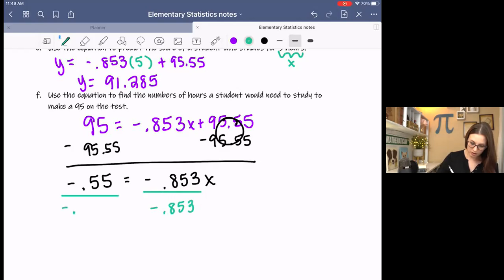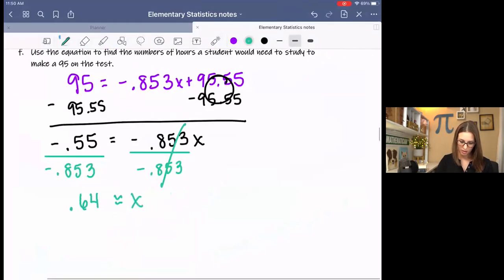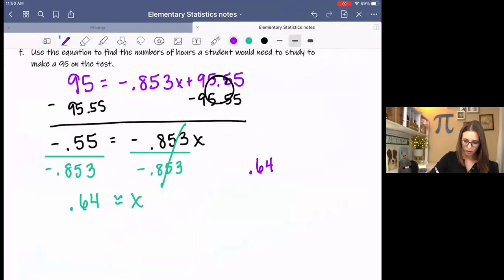And then you can type that part in your calculator. That divides to, and you should get about 0.64, or 0.645 is fine. You'll notice I did the squiggly equals because I've rounded. So this is 0.64 hours.